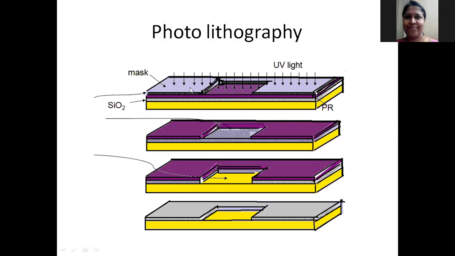The photoresist material under the mask is not exposed, whereas the center portion is exposed. This reacts with the UV rays and the other portion may not react with the UV rays.